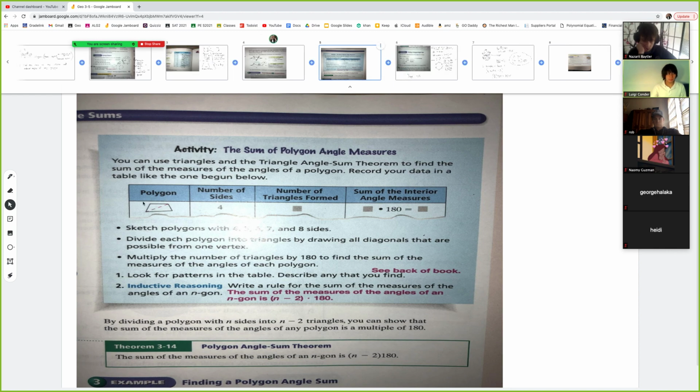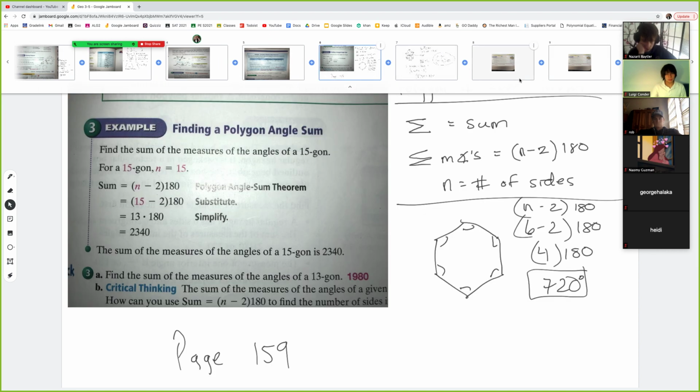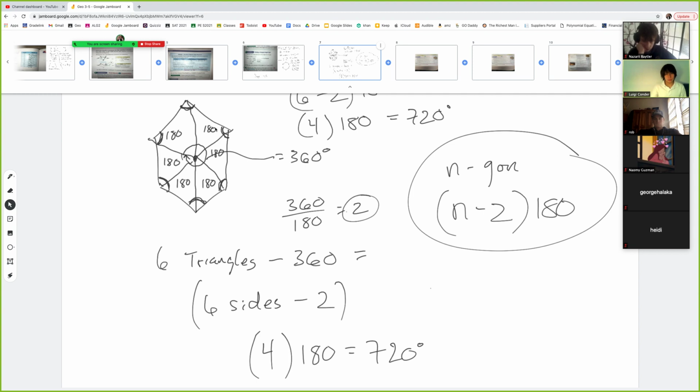The number of sides gives you the number of triangles formed, and then the sum of the interior angle measures. That's basically what we did here. The number of triangles was 6, so the sum of the interior angles, that's these angles on the outside, inside of the polygon, not counting the center, is 720.